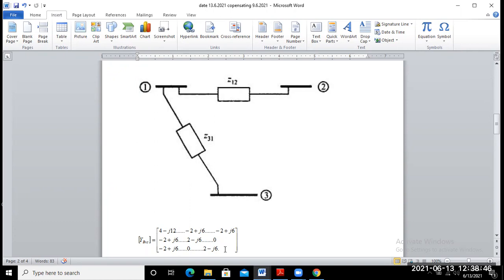So you can write directly according to the visualization of your given system parameters. It is not too difficult if you practice a lot of problems in this way.